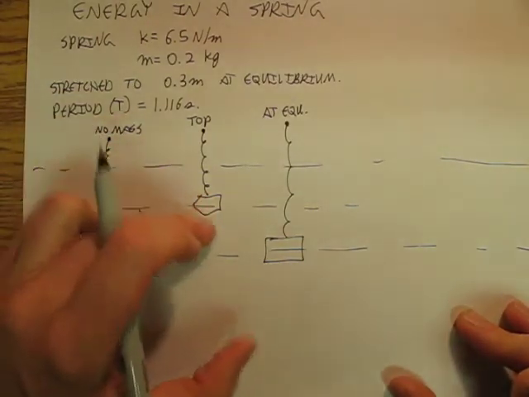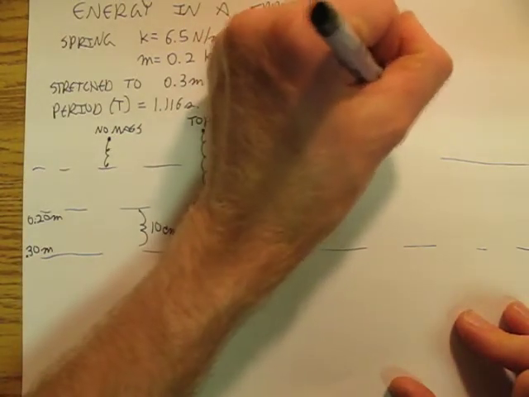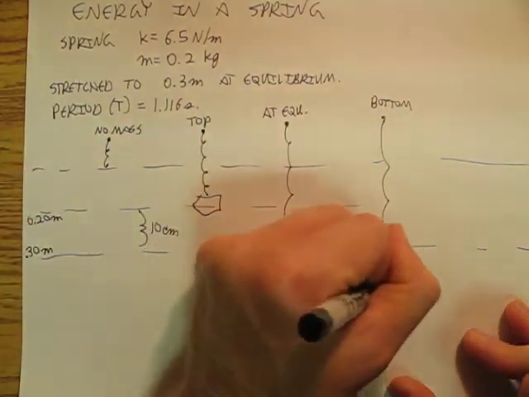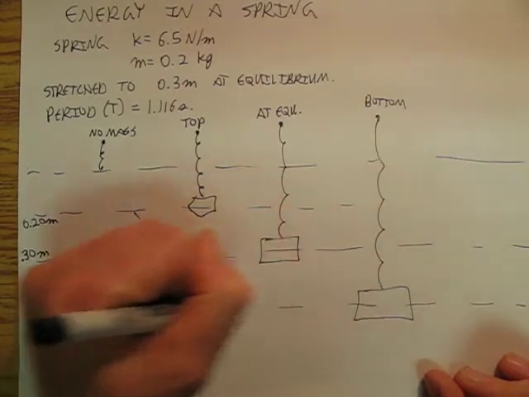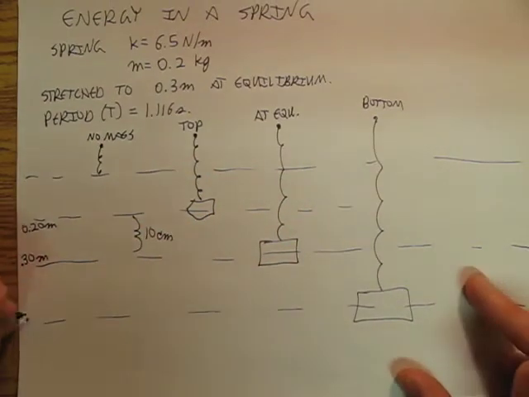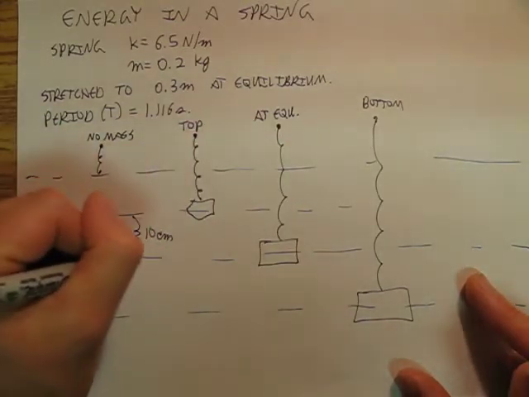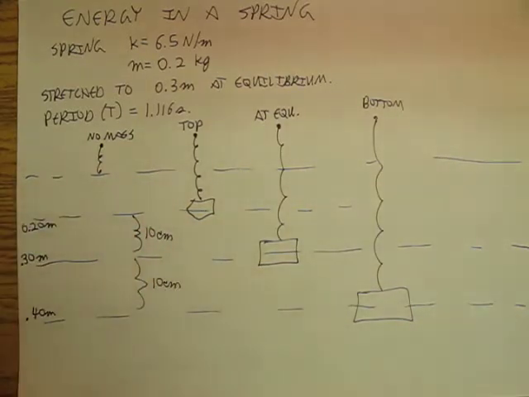Then it's going to fall through equilibrium and get to the bottom, at this level here, 0.4 meters, because if I nudged it up 10 centimeters, it's going to drop down a corresponding 10 centimeters.